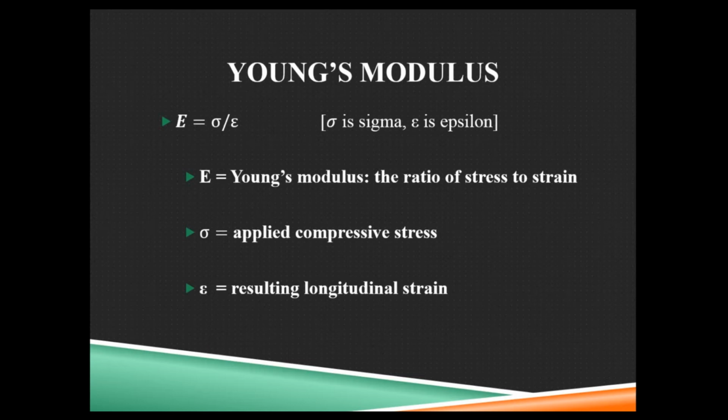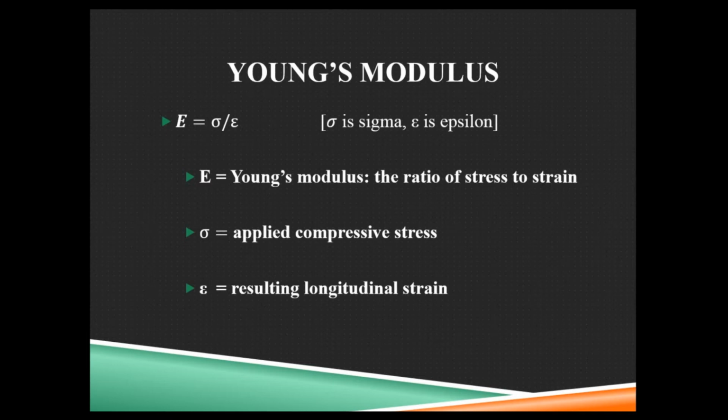And the equation for Young's modulus is sigma over epsilon. Sigma is the applied stress, specifically compressive. So tensional stress is equivalent to negative compression. If you have tension, you have to have a negative sign in front of your sigma.